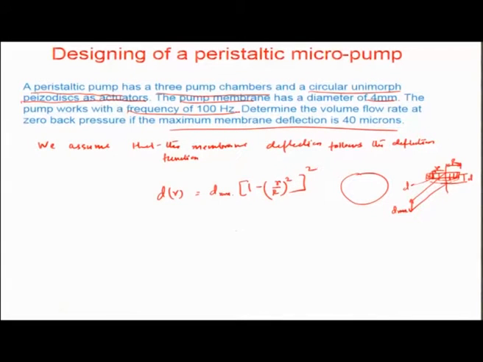So, when we talk about estimating the volume that is pushed out because of such a deflection, the volume delta V can easily be given by a double integral both in r and phi.